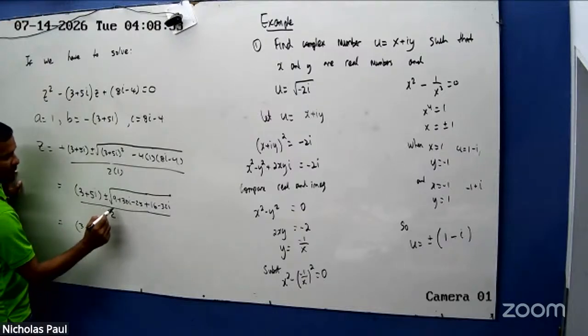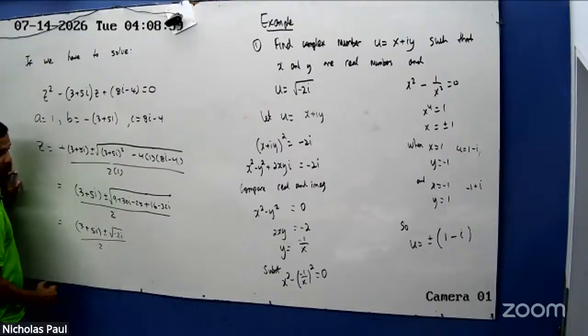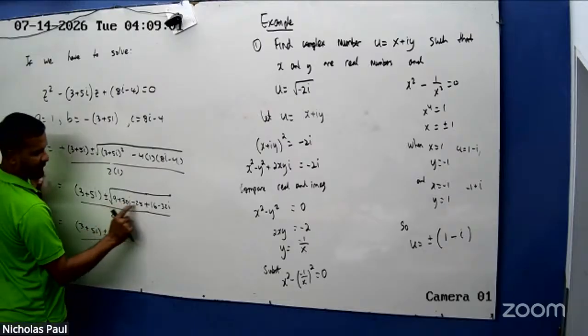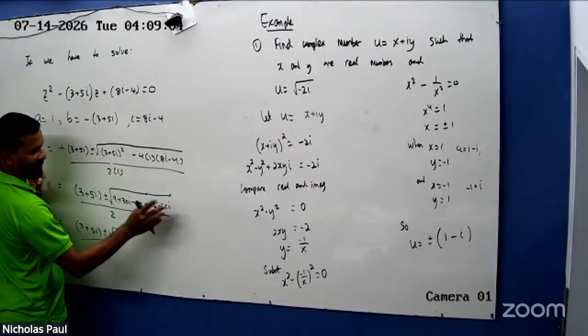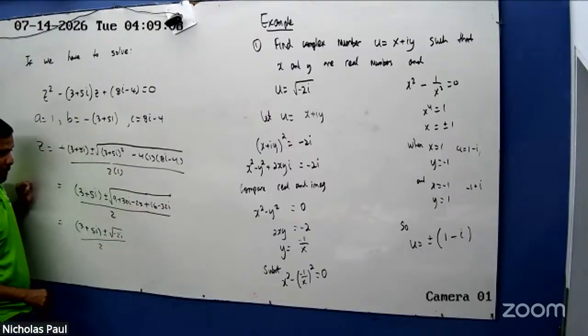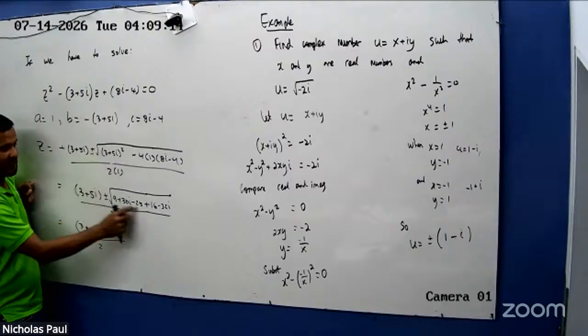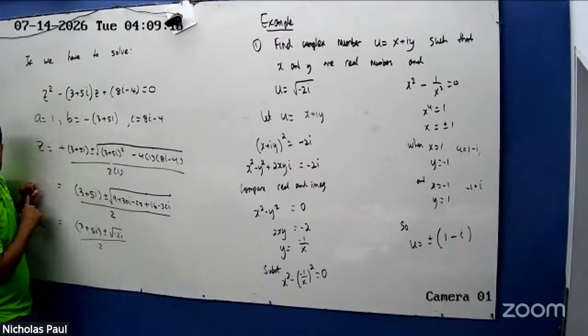Now cancel, so you'll get the square root of minus 2i all over 2. 30 minus 32 is minus 2i. 25i squared is minus 25, since i squared is minus 1.